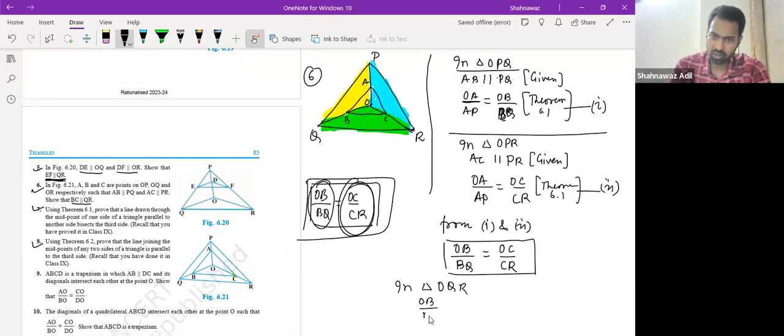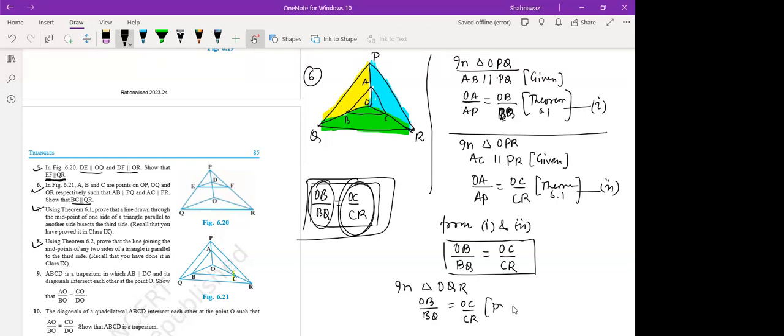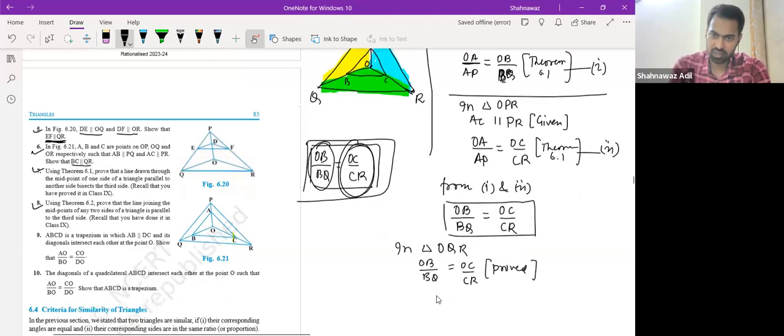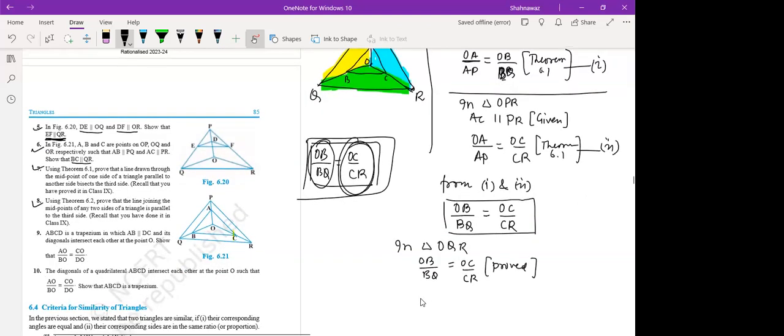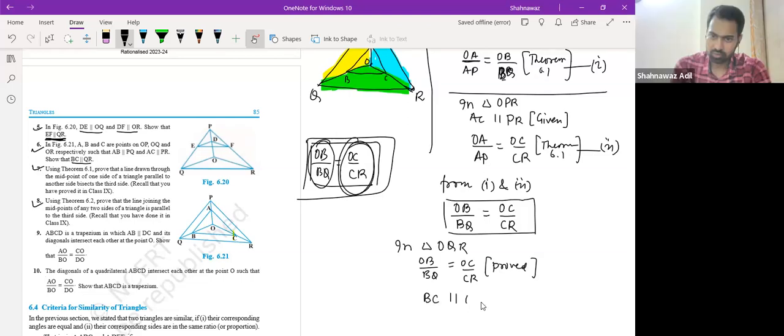OB by BQ is OC by CR. This we have proved, right? And from this, we can say that BC is parallel to QR. So theorem 6.2.